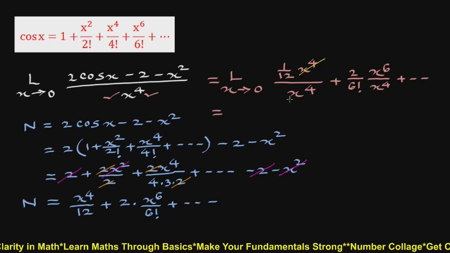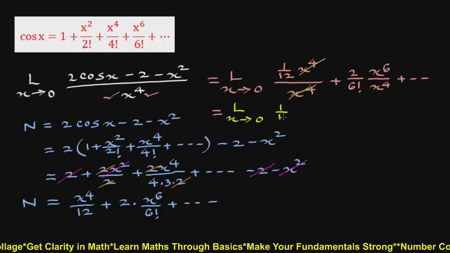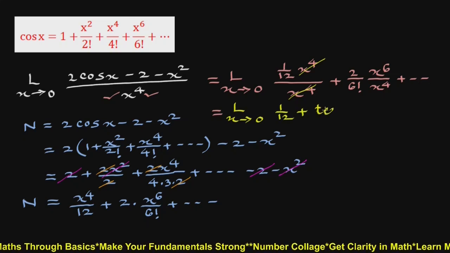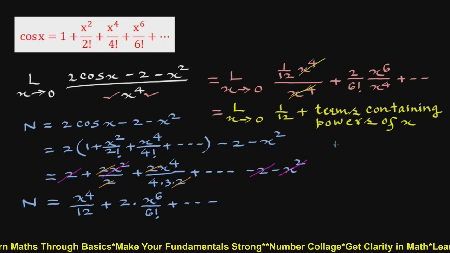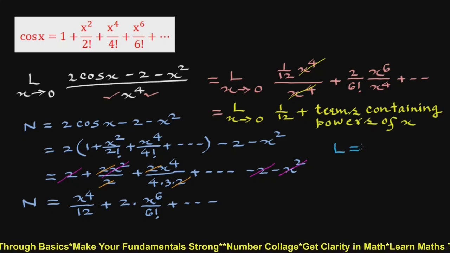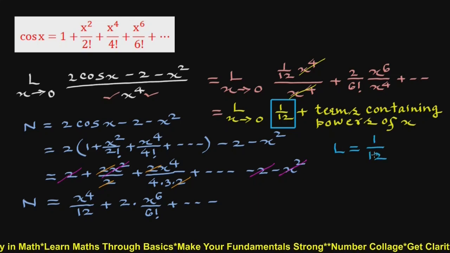Cancelling this x raised to 4, limit x tends to 0, 1 upon 12 plus terms containing powers of x. So this limit finally reduces to 1 upon 12. So value of limit will be 1 upon 12.